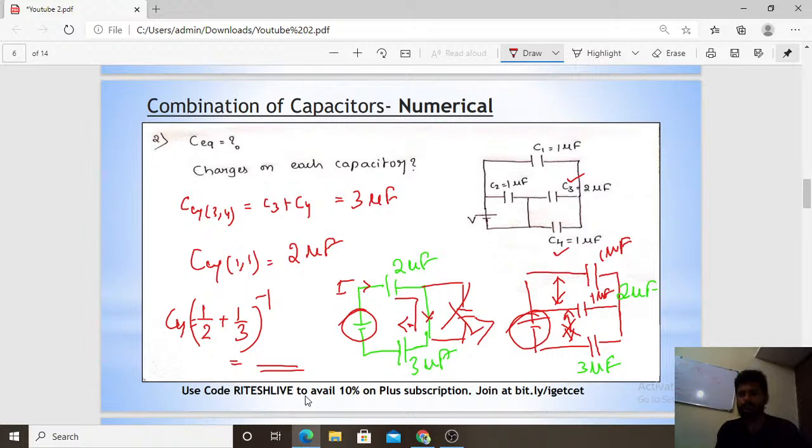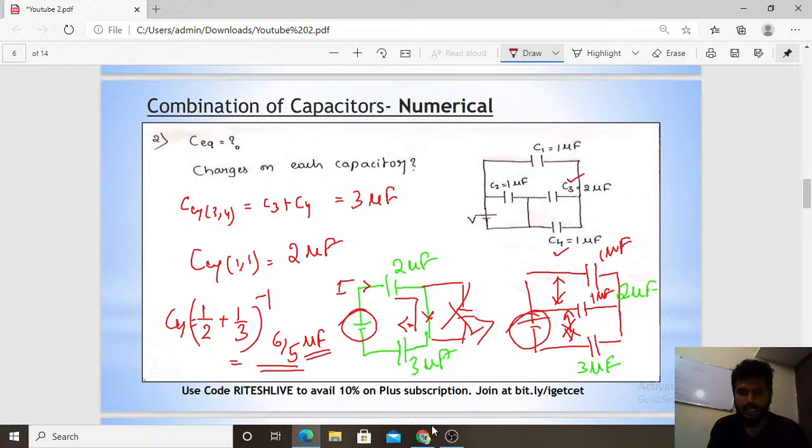How much did you get? Quick. Yes, 6 by 5 microfarad, right? Good. So this is the answer for C equivalent.